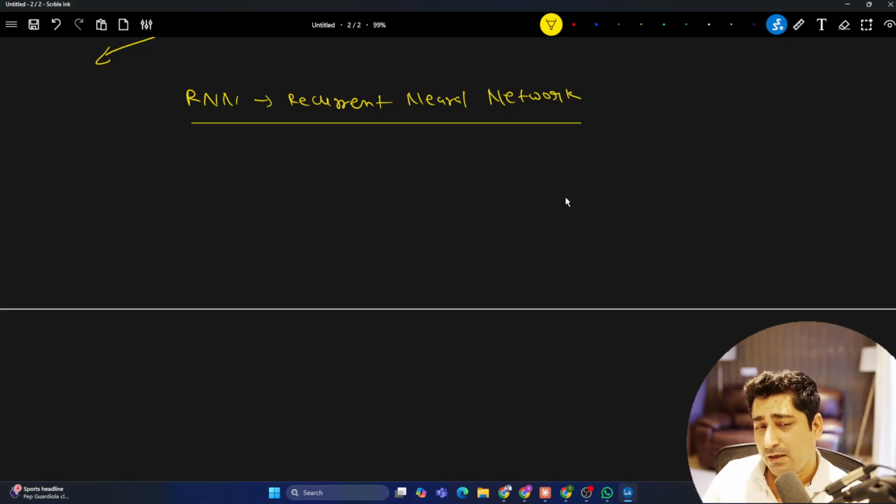So a recurrent neural network always tries to process the data in a sequential manner. It will always maintain a memory across time. It is very good for languages: language learning, language understanding, understanding grammar, or speech, and even time series.